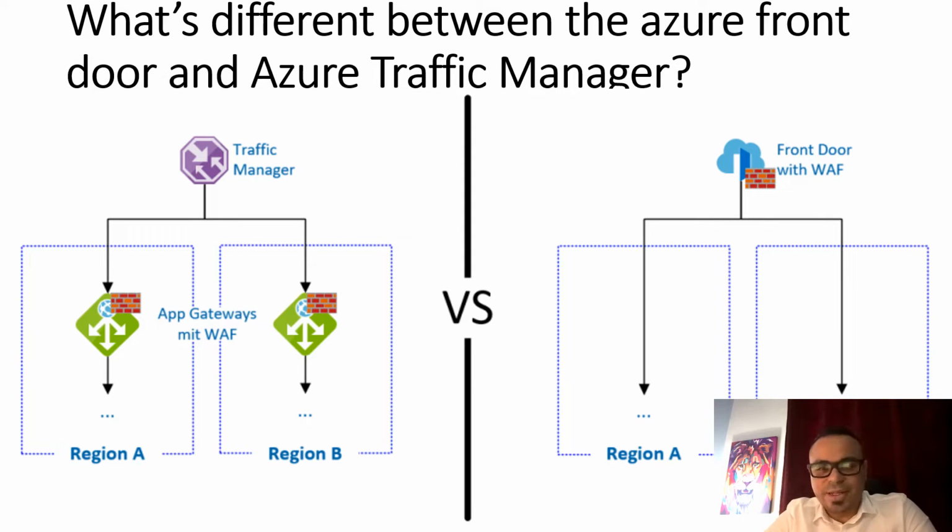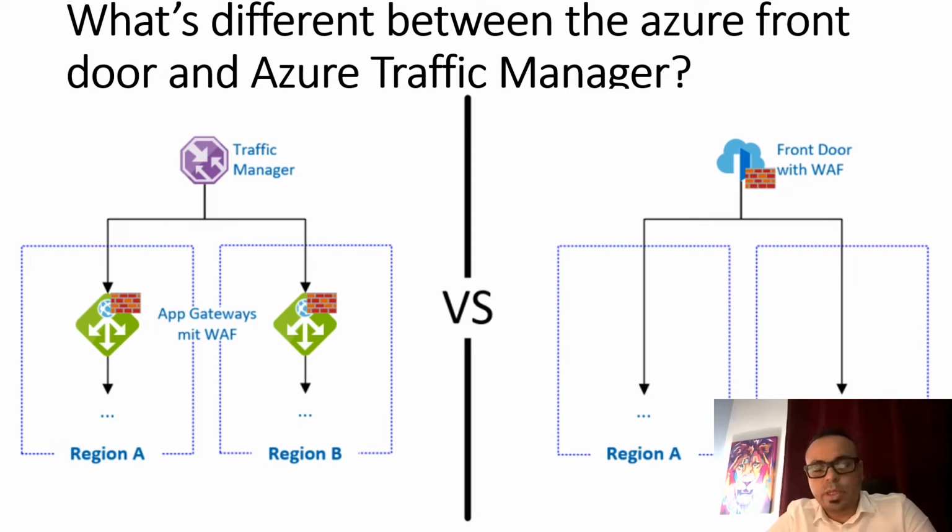But the question here is whether we can compare Azure Front Door and Azure Traffic Manager, because some questions came up. Okay, you do a comparison between Azure Front Door and Azure Application Gateway because both have WAF, as we mentioned, where we can apply the WAF.